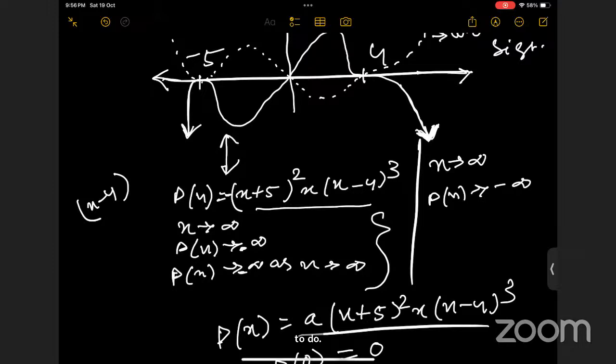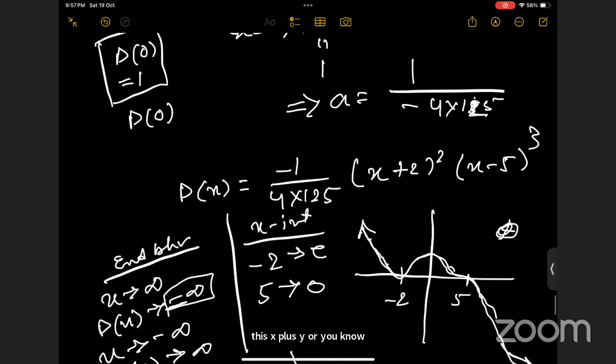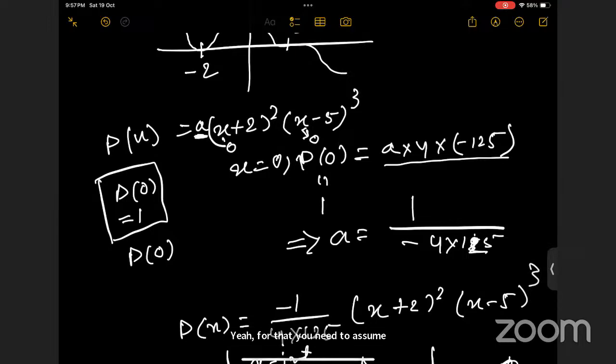Point number two is how do you determine the coefficient? Coefficient of what? The coefficient height of the graph. If the graph is given and they are asking us to find the equation of the graph, you need to assume some random coefficient, like here in this equation I take a.